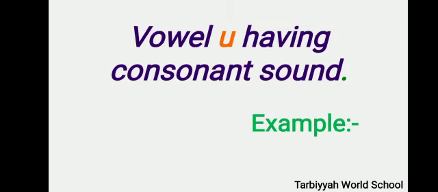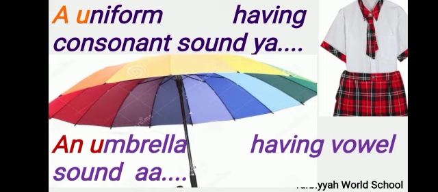Okay? Now see some examples. This is the next rule: vowel U having a consonant sound. For example, a uniform. Here U is having the consonant sound Y. So we put a before uniform.